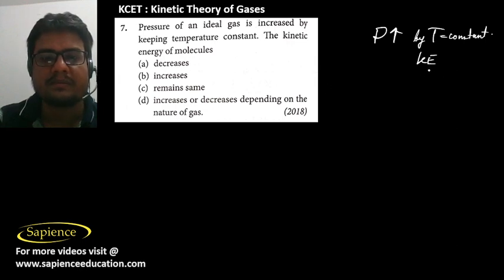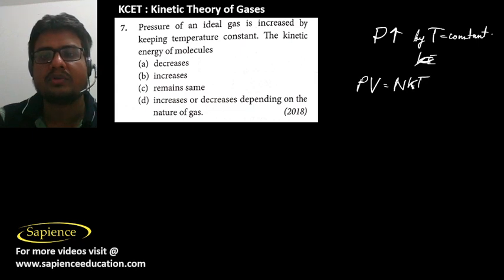We have to find it. So we know that PV is equal to N kT, where k is the Boltzmann constant and N is the number of molecules of the ideal gas.